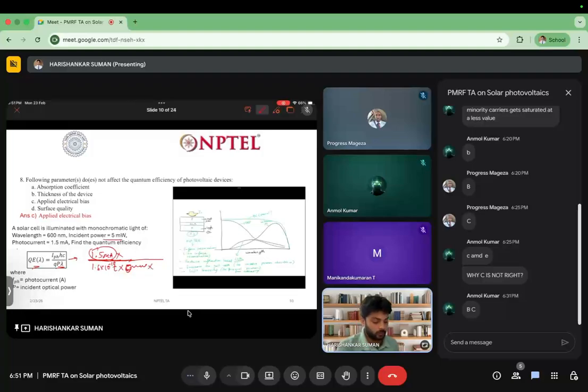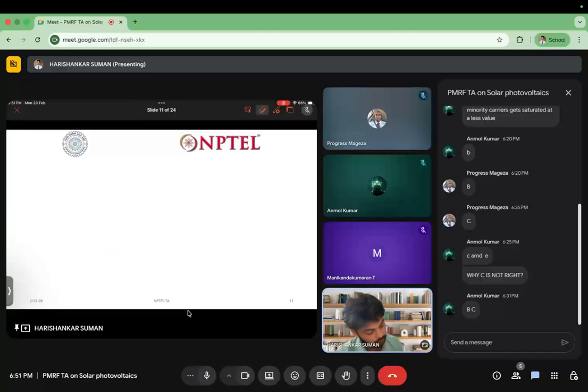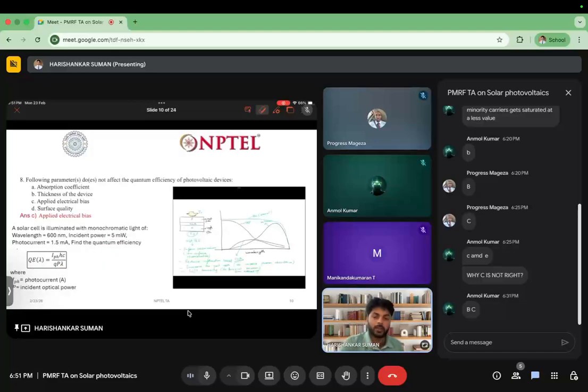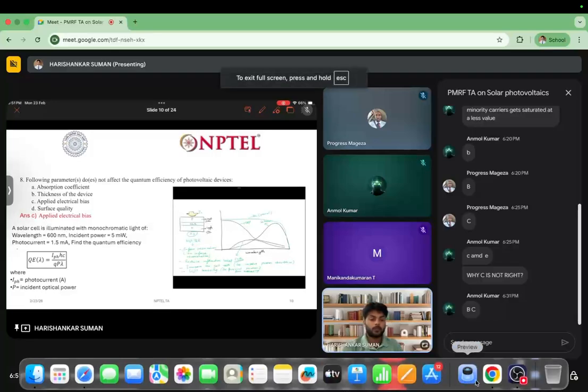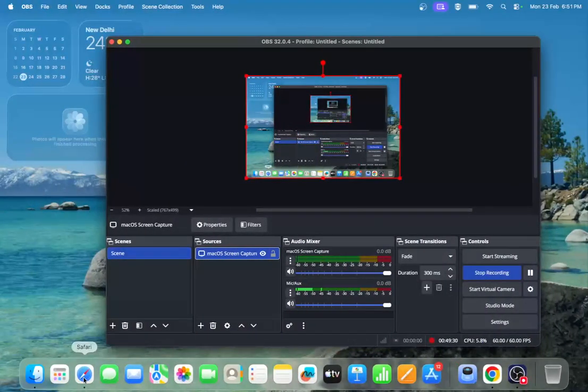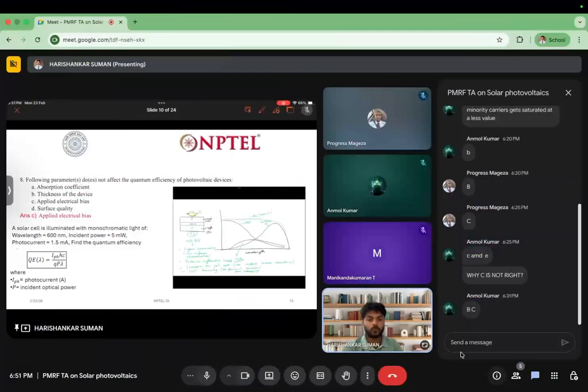So please put these values in this equation. Can you try? Please try.